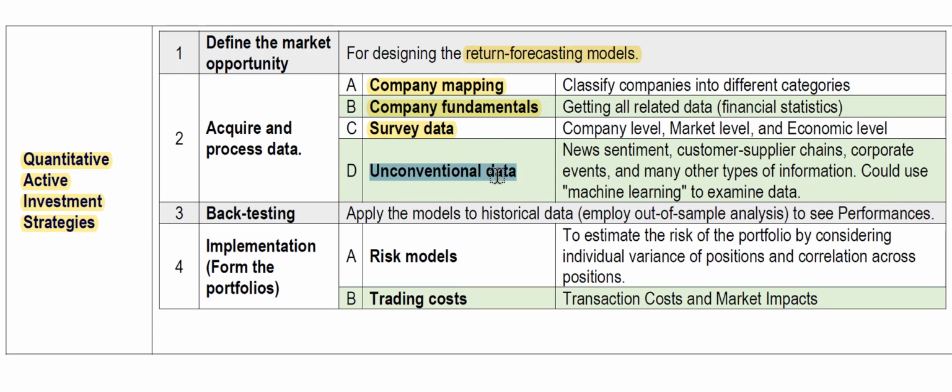And other conventional data you need to have to really catch your basic model, for example, news sentiment, consumer and supplier chain, corporate events, and many other types of information that could be used and are crucial for some methodologies.